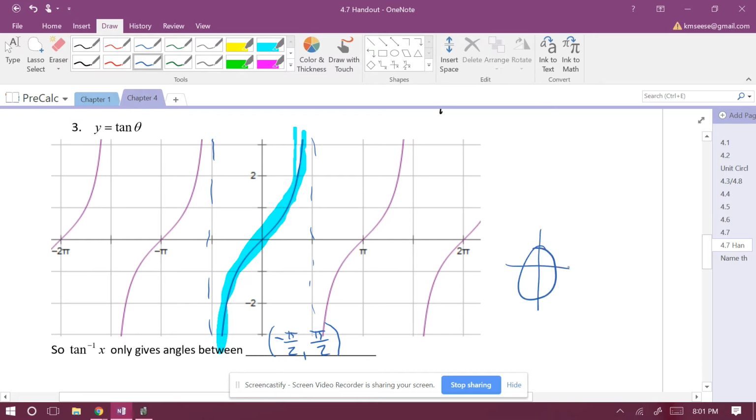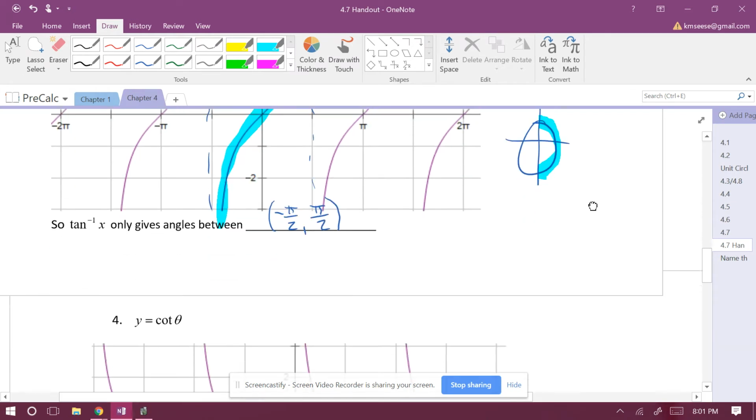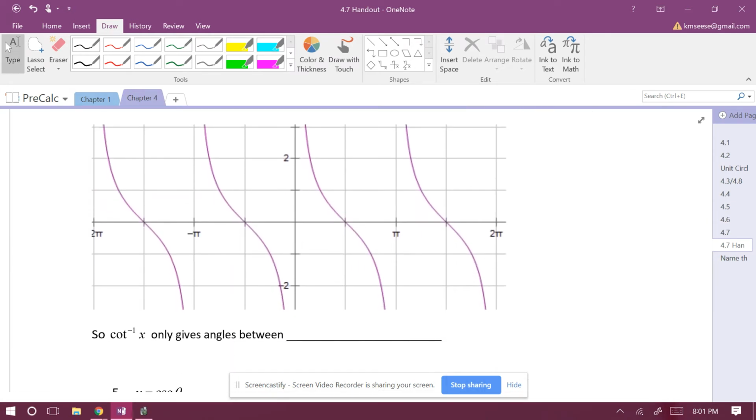Thinking unit circle, that gives us answers in quadrants 1 and 4, but it doesn't include negative pi halves. Similarly with cotangent, you limit it from 0 to pi, so all of your answers there are from 0 to pi with soft brackets.